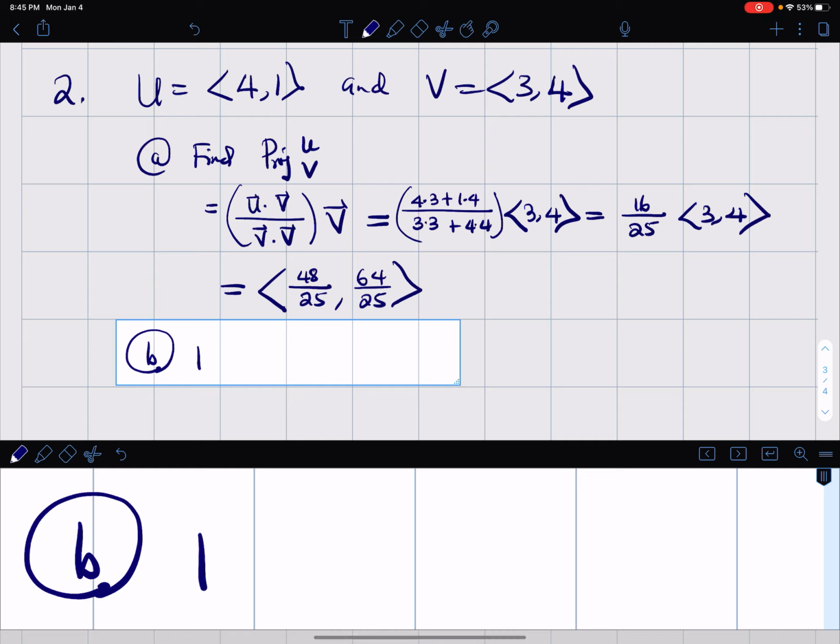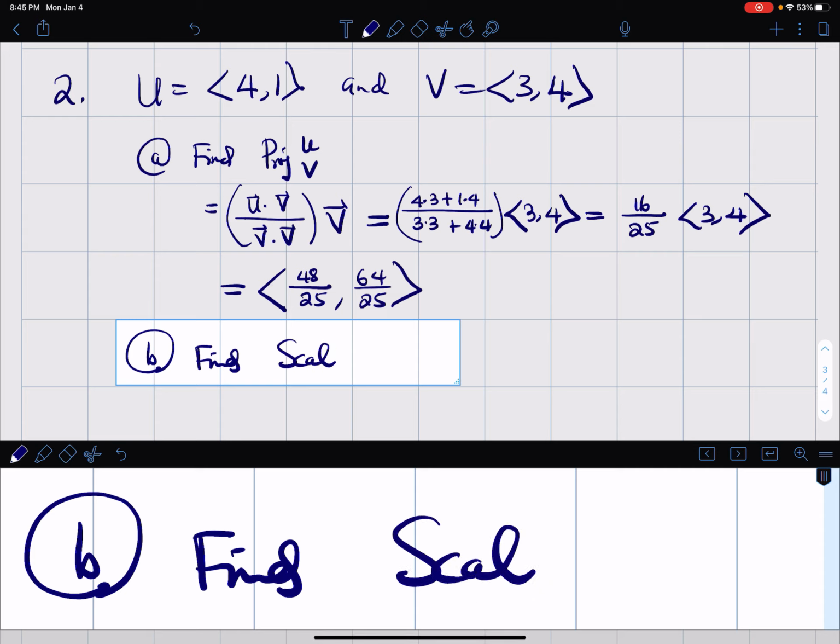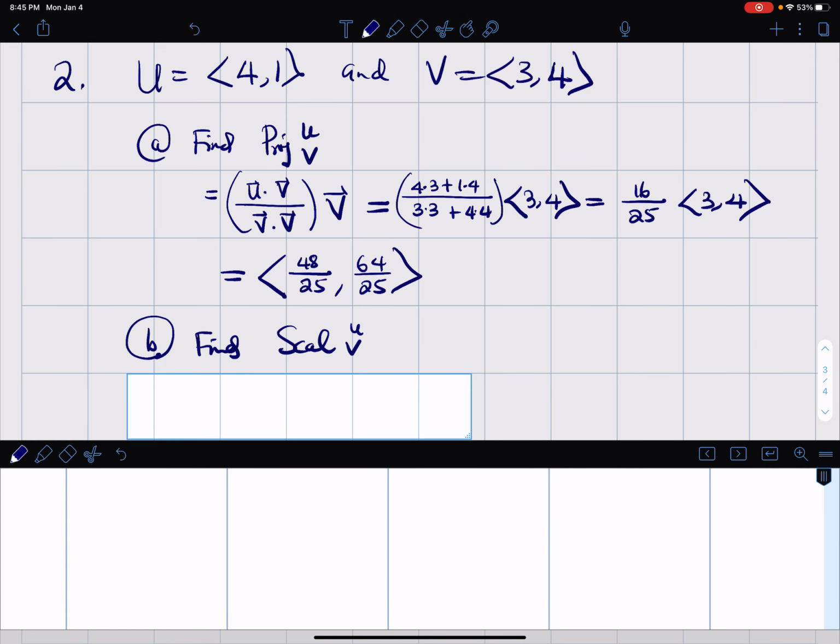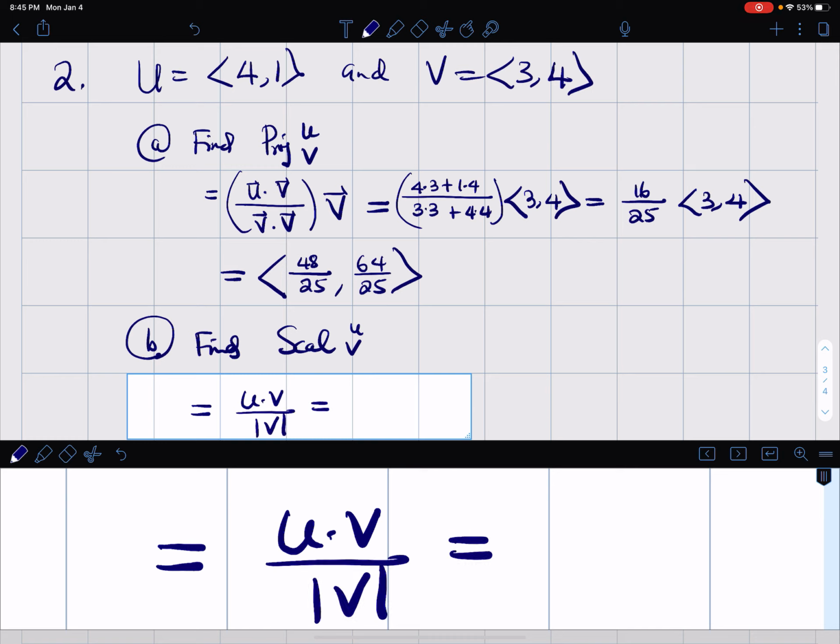So let's find the scalar component of what we just did. This is going to be U dot V over the magnitude of V, which is just 16 over 5.